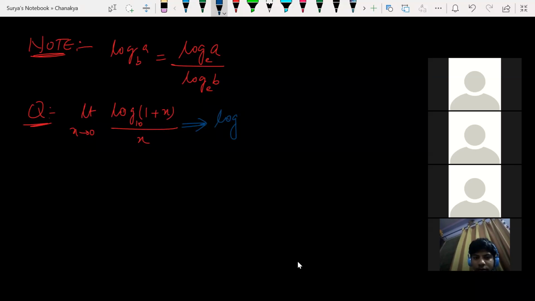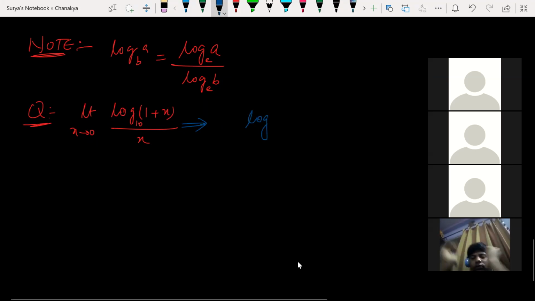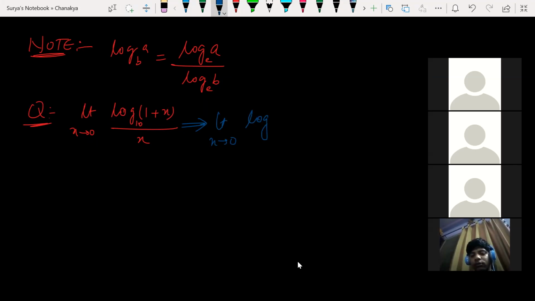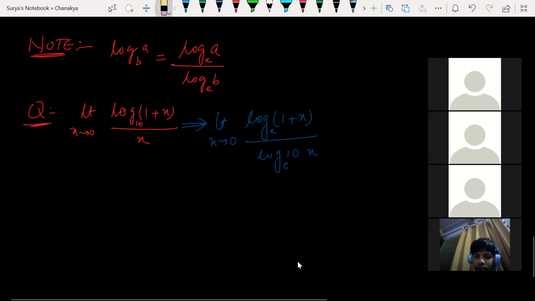Limit x tends to 0, log of 1 plus x base e divided by log 10 base e, into x. Isn't it? You understand or not?